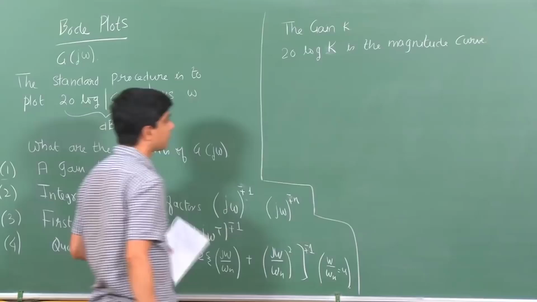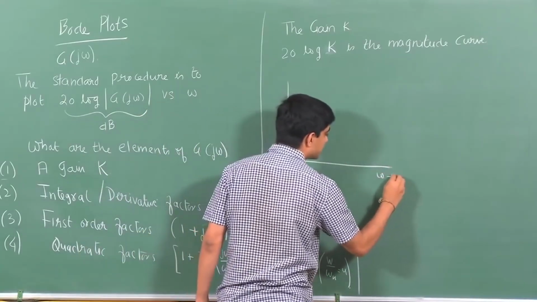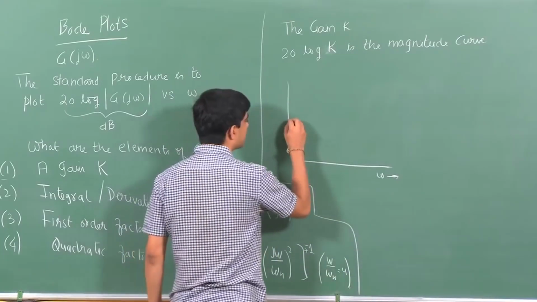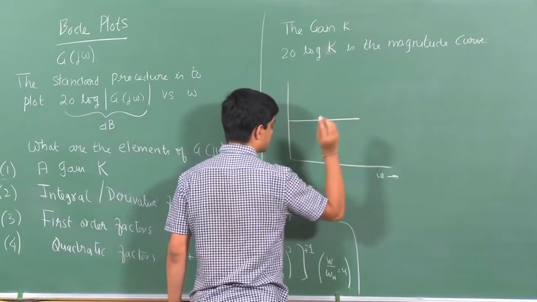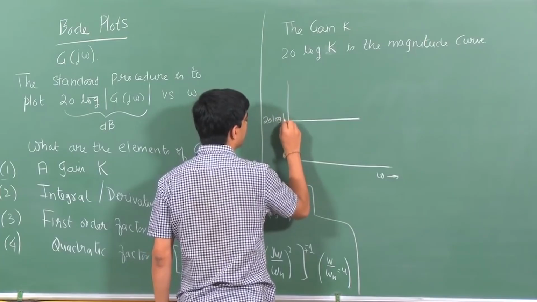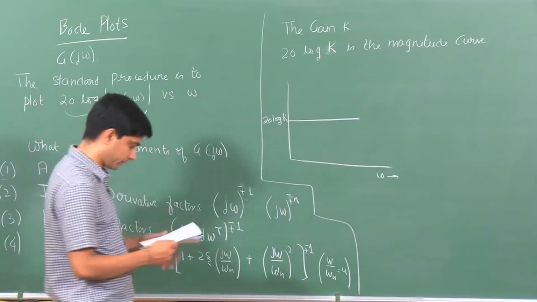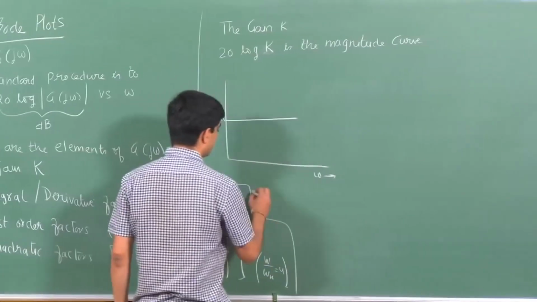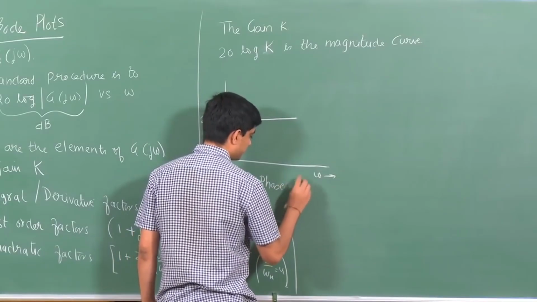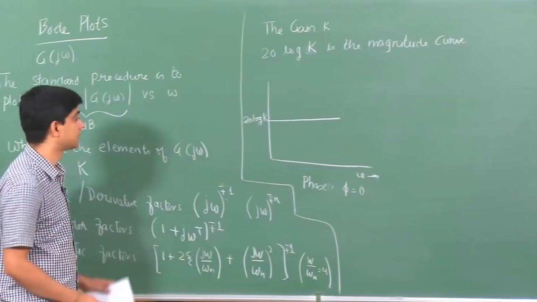If I plot it for increasing frequencies, it is a horizontal line of magnitude K for all frequencies, and the phase contribution phi will always be equal to 0. So the imaginary part is 0.